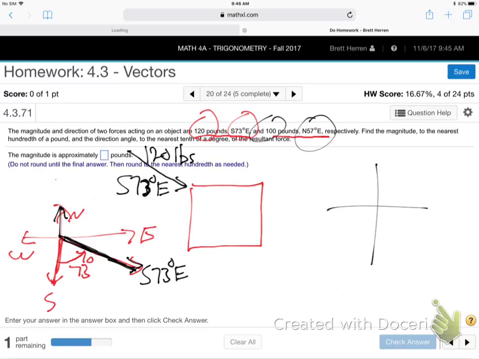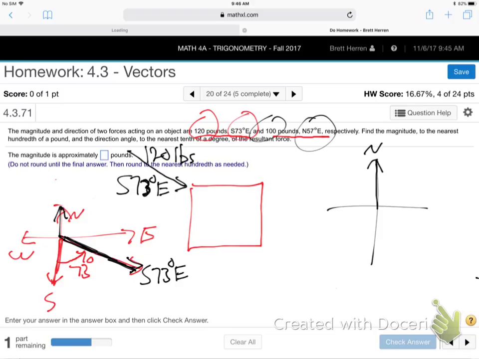What's that? Can you find that one real quick? So find north 57 degrees east. So north, that's straight up. You always start with whatever comes first, right? North is straight up.